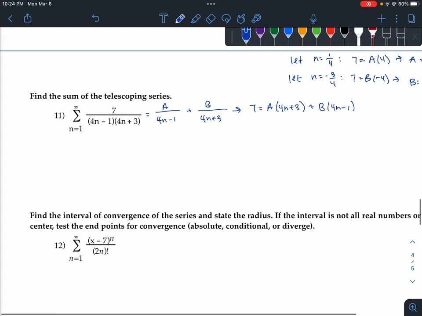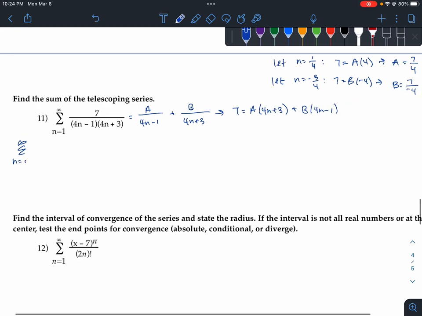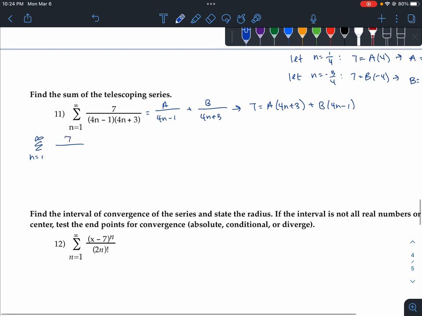So my series, if I write it with my partial fraction decomposition, is going to be equal to 7 divided by 4 times 4n minus 1, and then minus 7 divided by 4 times 4n plus 3.